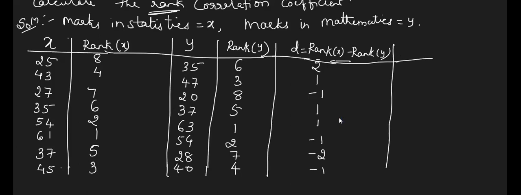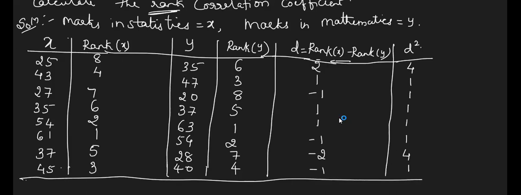Now we actually want the value d square. Our formula depends on d square. So just square the values of d and take it: 4, 1, 1, 1, 1, 1, 4, 1. Am I right? 1, 2, 3, 4, 5, 6, 7, 8. Among these, don't add all the columns.